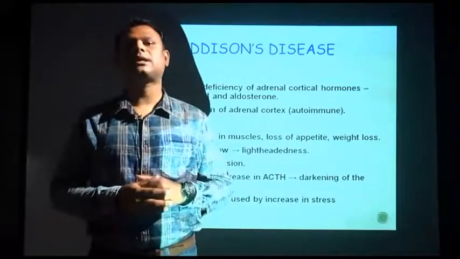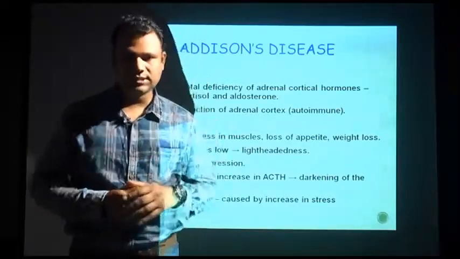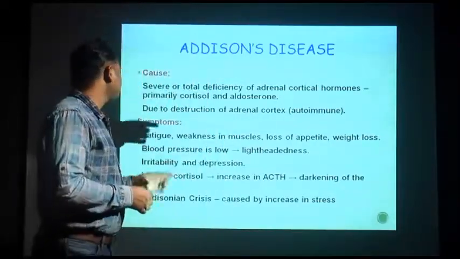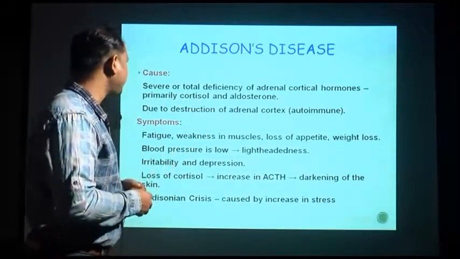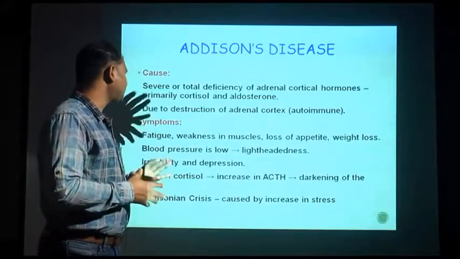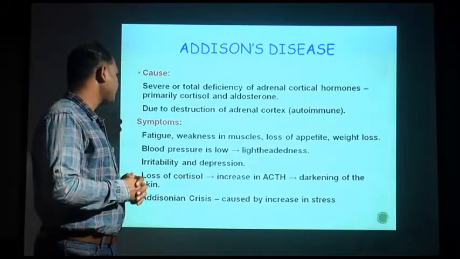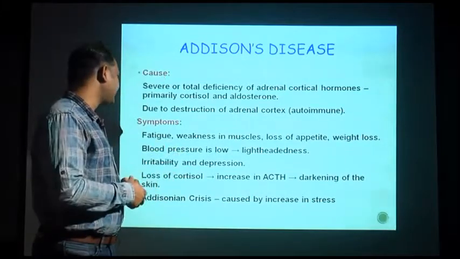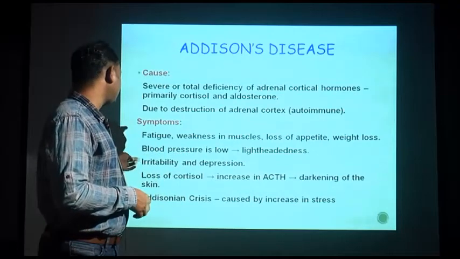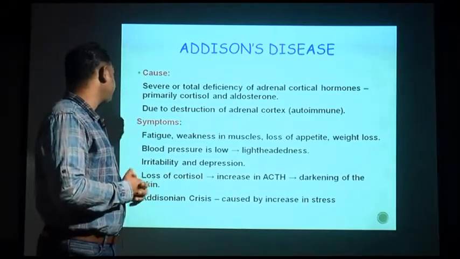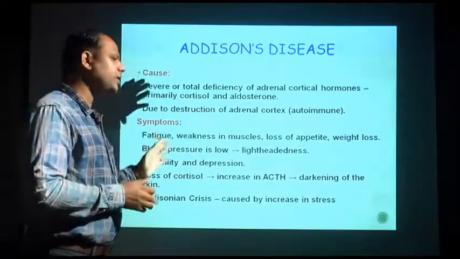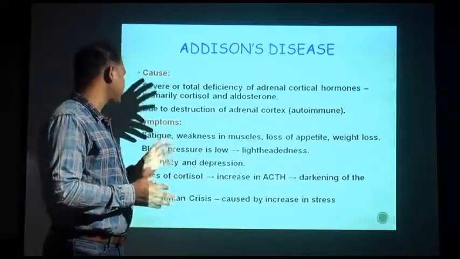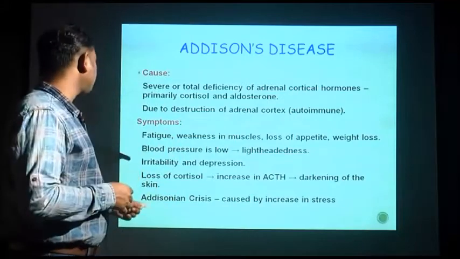The symptoms associated with Addison's disease are fatigue, weakness, muscle loss, loss of appetite, weight loss, low blood pressure, then lightheadedness, irritability and depression. It is also associated with some mild nausea and vomiting, and loss of cortisol.